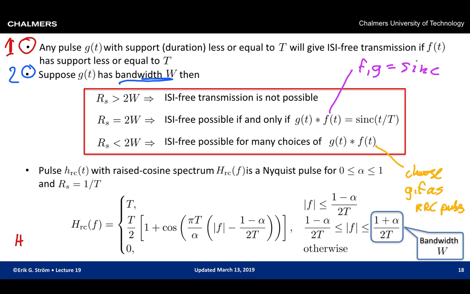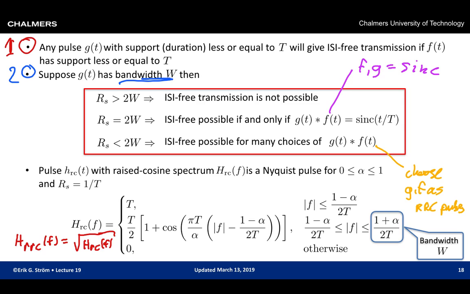The Fourier transform of the root-raised cosine pulse is, not very surprising, the square root of the raised cosine pulse, like this. So to get G and F, what we can do is we can take this function, take the square root of that, inverse transform that, and then we have G and F. So that's how to do that.